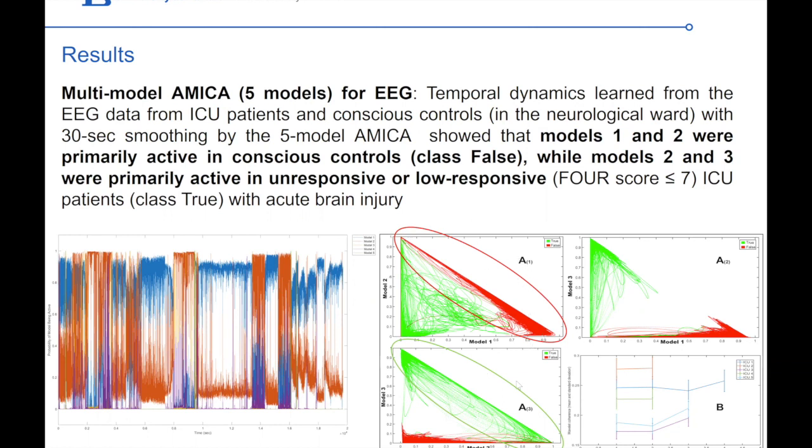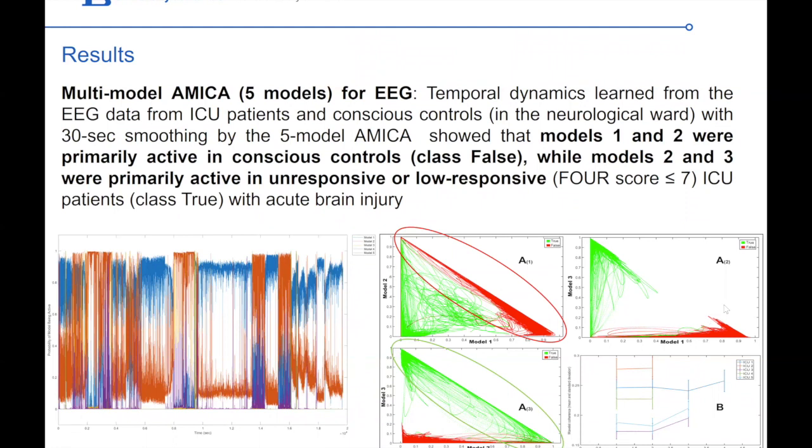Now, if you look at models 2 and 3, they are primarily active in the low or unresponsive patients, with a score less than 7, and they share the probability together. Model 2 is like the transition between the two.